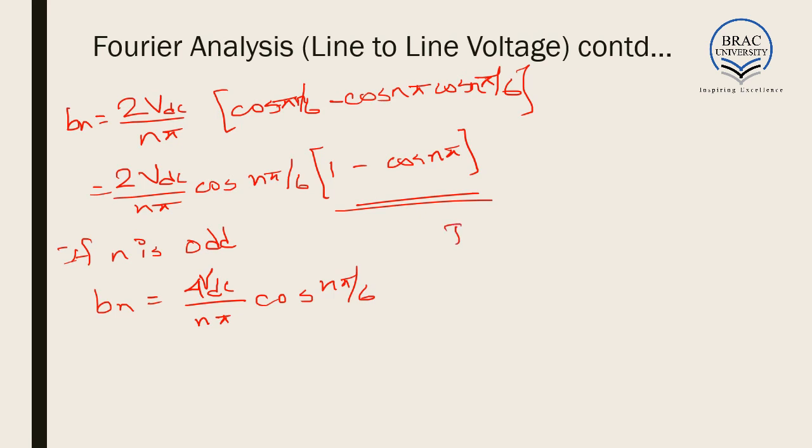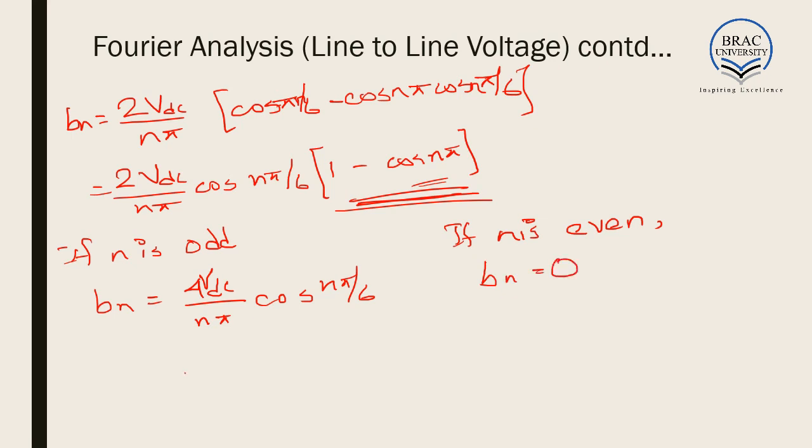Again, if n is even, cos n pi would be equal to 1, and 1 minus 1 would be equal to 0. We will get Bn is equal to 0.